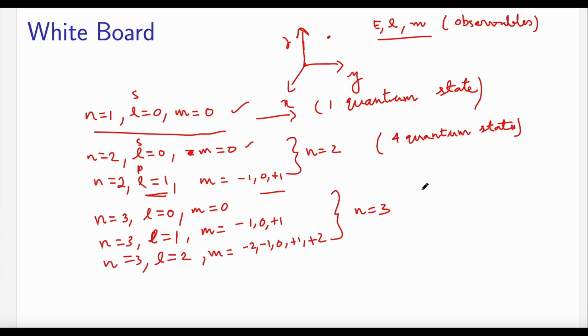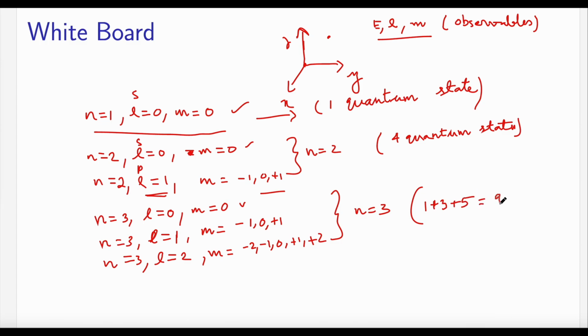And what about here? How many quantum states do we have? This is 1. So here we have n is equal to 3, L is equal to 1. We have 3. 3 plus 1, 4. And here you have 1, 2, 3, 4, 5. So the number of quantum states will be 1 plus 3 plus 5, which is 9.